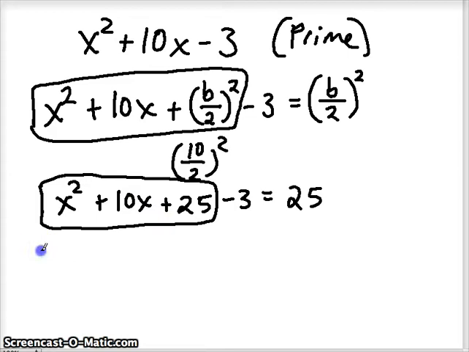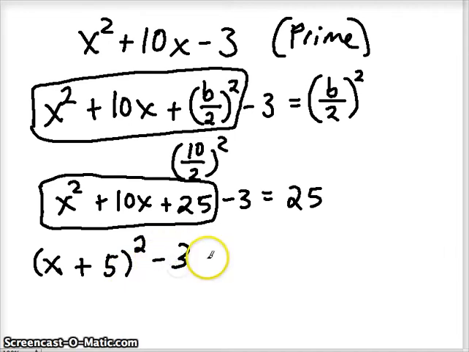If you remember that factoring pattern, we're going to have one set of parentheses with a squared on the outside, because we're going to square whatever is on the inside. That's a perfect square. We write the square root of the first term, so x goes there. We write the square root of the last term, so that's 5, and we put the middle term's sign in between them.